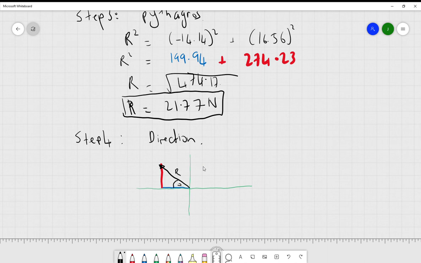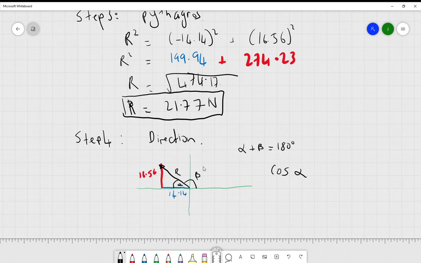So we can use this angle here, which we'll call alpha, but realistically you're looking for beta. As always, alpha plus beta equals 180 degrees. So we know the x direction is 14.14 newtons, and we know the y is positive 16.56 newtons. So we'll just use cos of the angle alpha, because it's this angle here with this triangle.